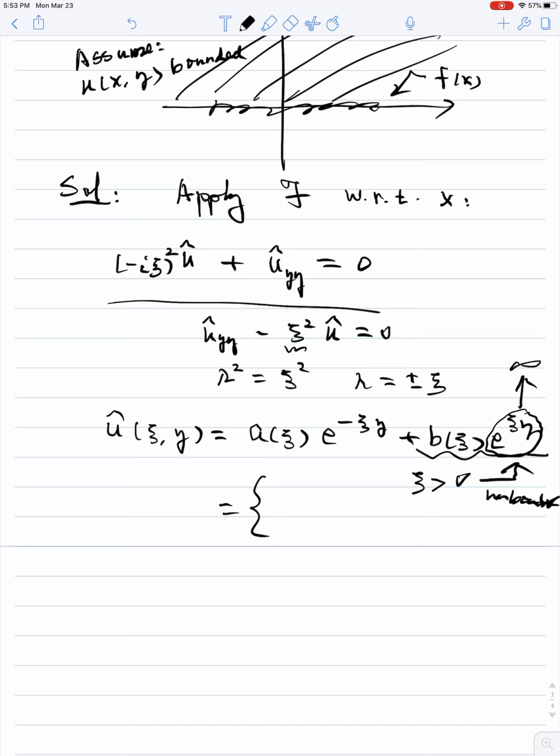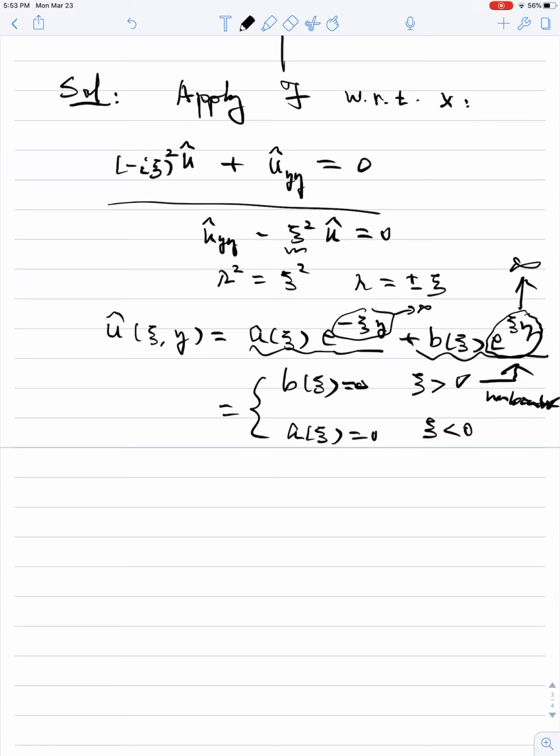So for this to be bounded, we need B(ξ) equals 0. If ξ is less than 0, then the other term would go to infinity as y goes to infinity, so we need A(ξ) equals 0.